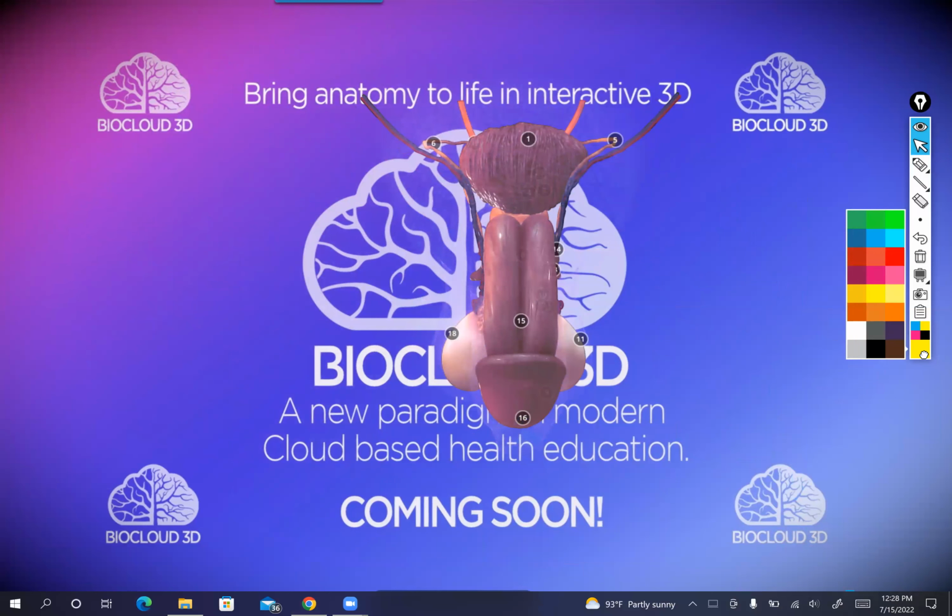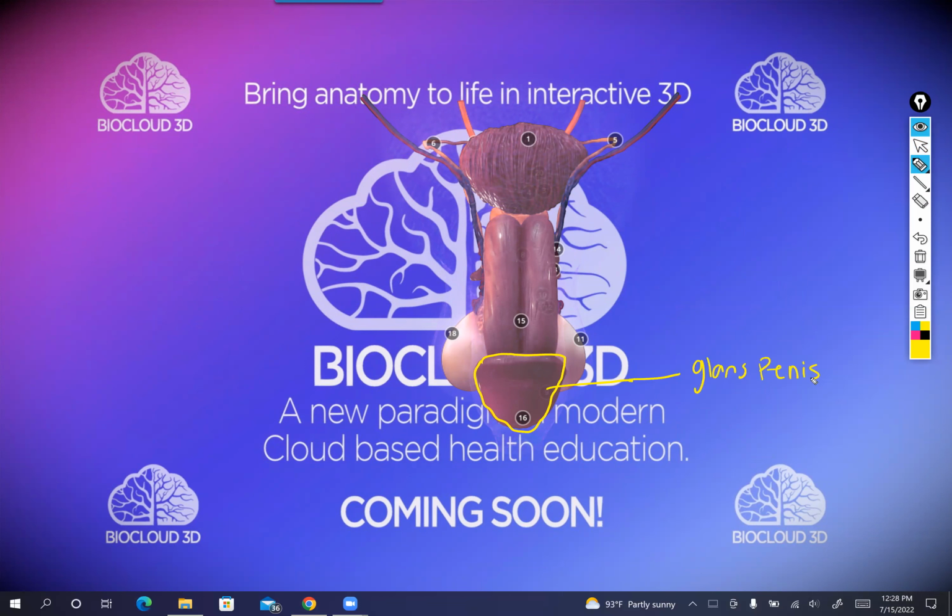Okay, so anteriorly, we've got the glans penis, which is the expanded end of the corpus spongiosum. And then on top of that, and not actually connected to it, so separate from that, are the two corpora cavernosa.